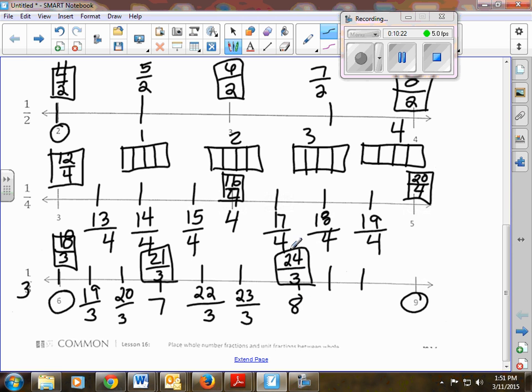So do you see that fractions can be figured out using multiplication and division? So it's nothing you don't know how to do already. 25 thirds, 26 thirds, and what is the last one? 27 thirds. Let's check. Is 27 divided by 3 9? Yes, it is. And 9 times 3 is 27.